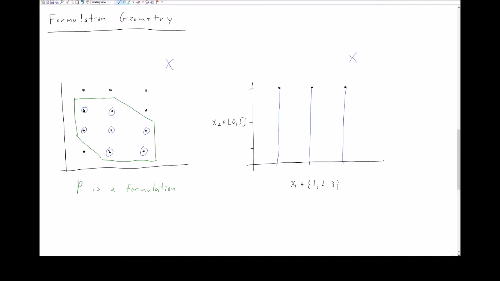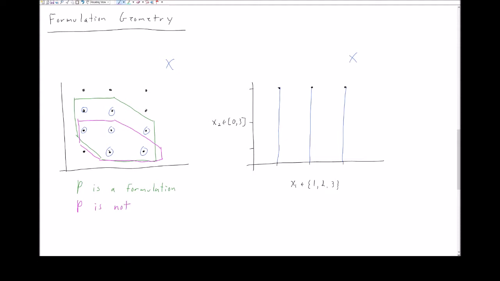We can draw some other polyhedrons that aren't going to be formulations. So sometimes we can have polyhedrons that are too small. So for example, this shape defined by the fuchsia is going to circle only lattice points in X, but it's not going to be circling enough of them. There are some points in X that are left out. So P is not a formulation.